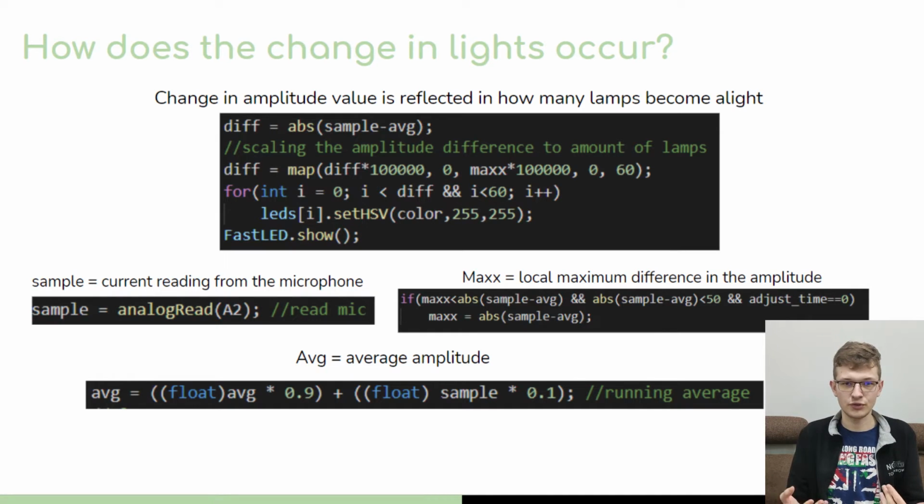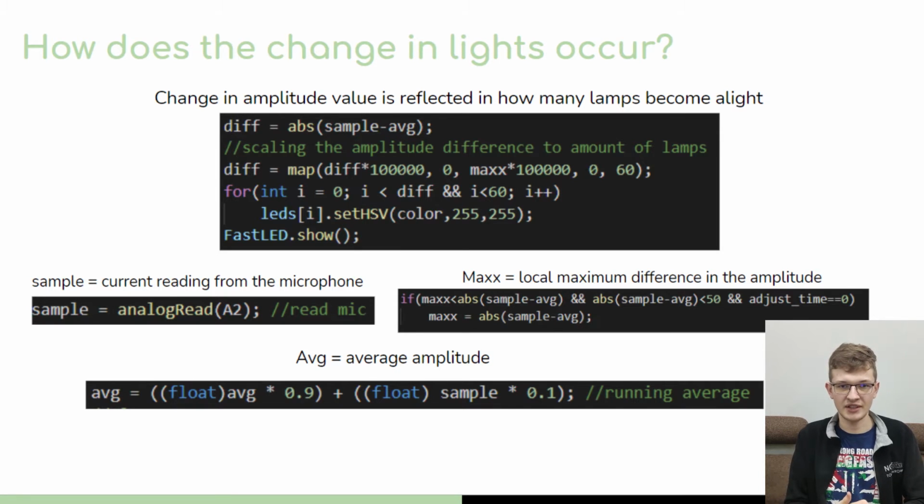So what functions do we use for that? The first function we use is looking at the current difference between the average and the current reading of the microphone.